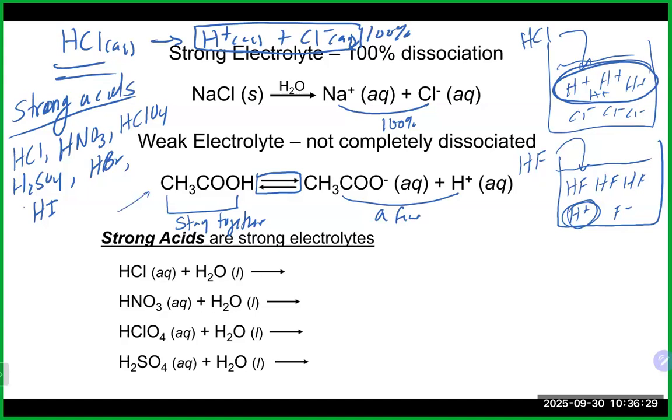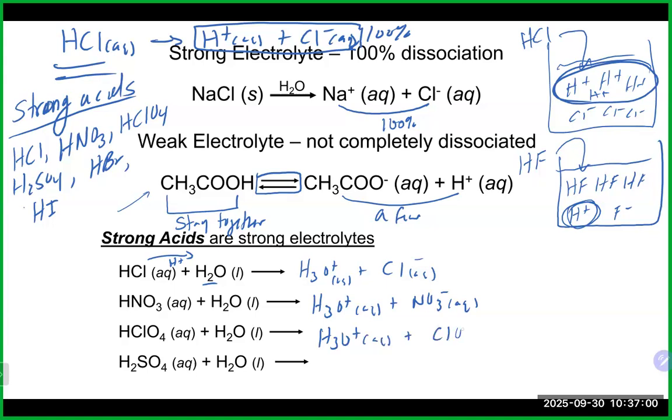So our strong acids here, hydrochloric acid, again, would produce H3O plus in this case, as we do have the water as it sends the H plus over, plus some Cl minus. Same thing here, we will get H3O plus and nitrate. Here we'll get H3O plus and perchlorate.